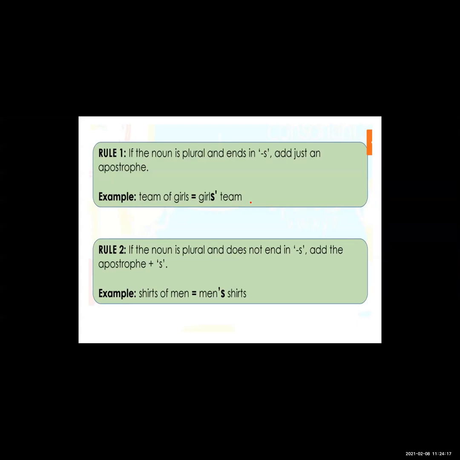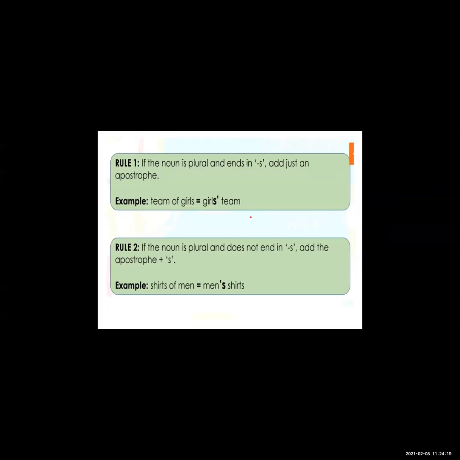Now see second rule. If the noun is plural and does not end in s, add the apostrophe plus s. See, when a noun is plural and ends with s, at that time you will not add s with apostrophe.